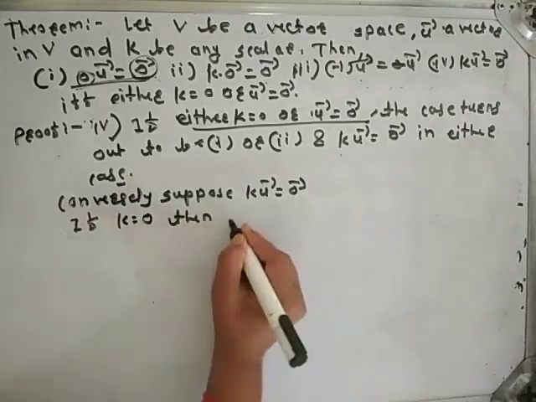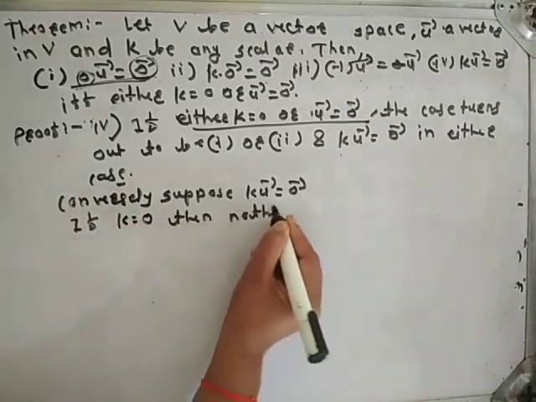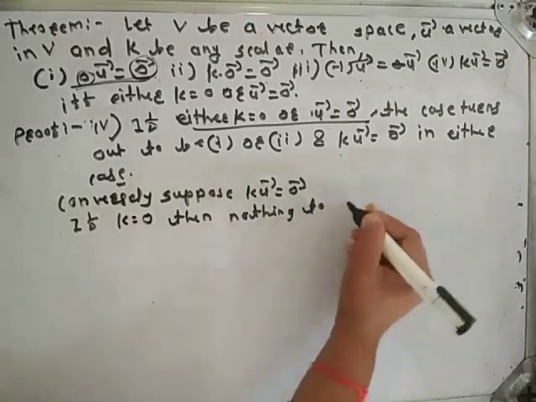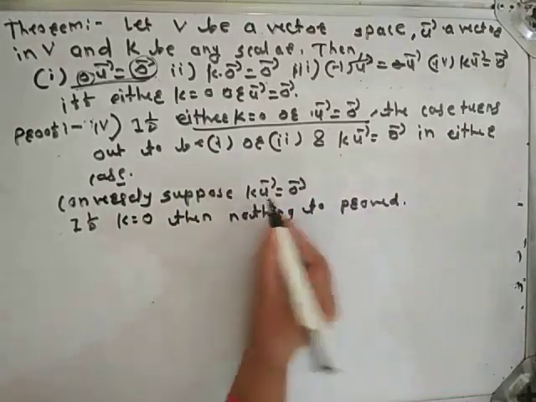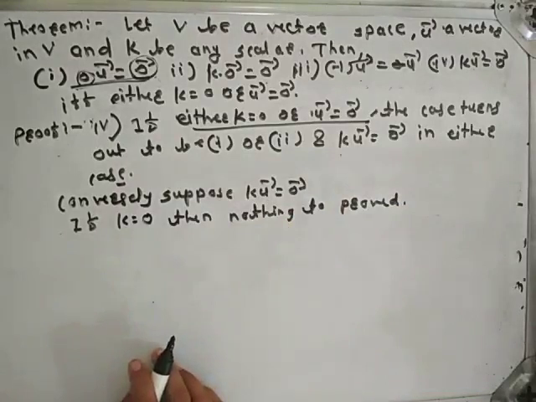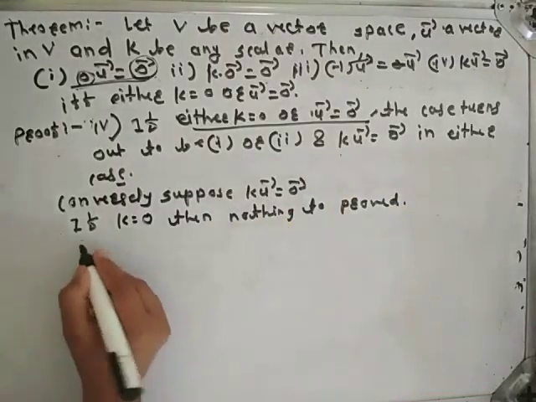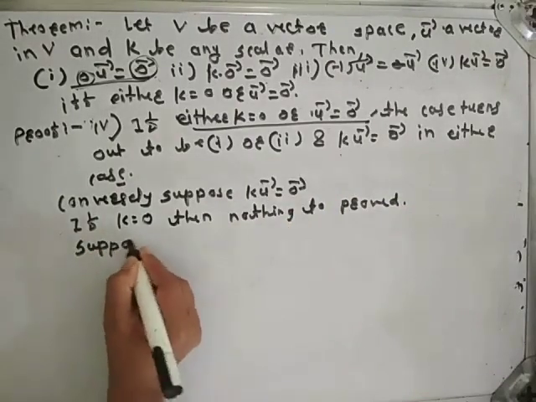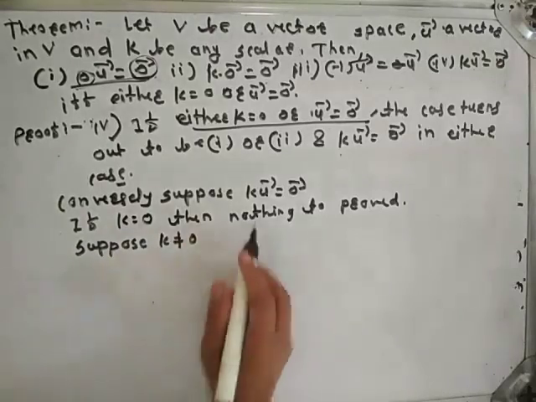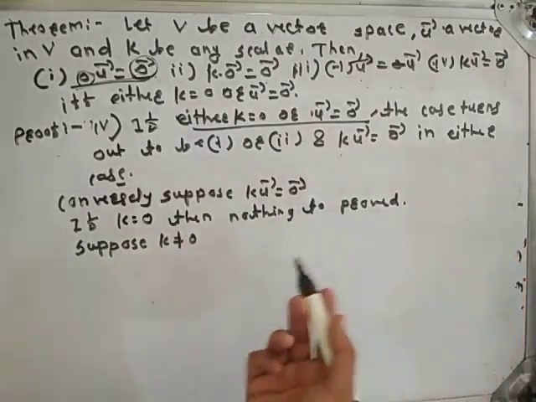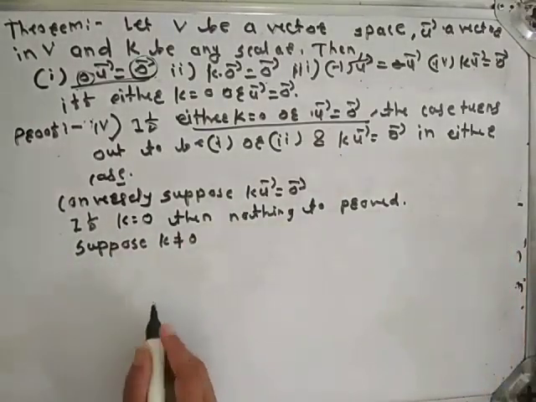If k is equal to 0, then there is nothing to prove. Means we will get 0 bar is equal to 0. Suppose k is not equal to 0.